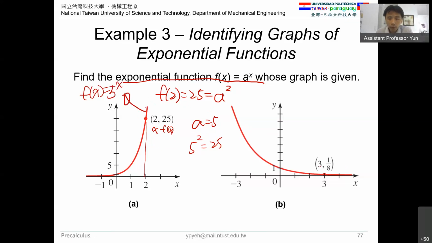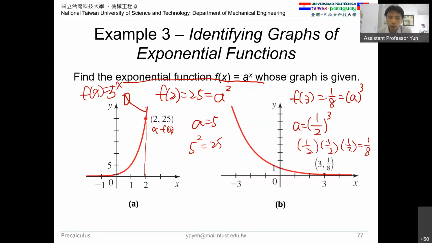In the case of the other point, 3 and 1 divided by a, f of 3 equals 1 divided by a, and x is 3 in this case. So a will be 1 divided by 2 cubed, since 1 divided by 2 times 1 divided by 2 times 1 divided by 2 is 1 divided by a.